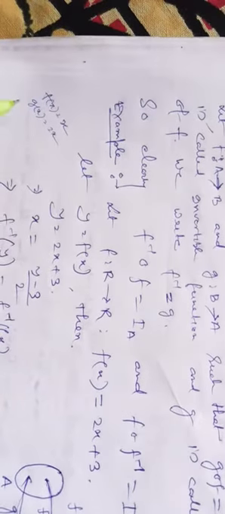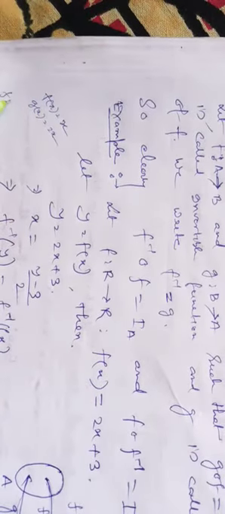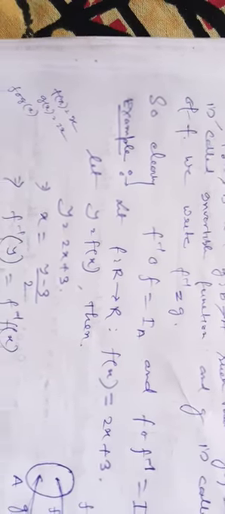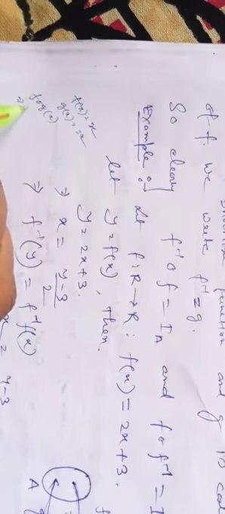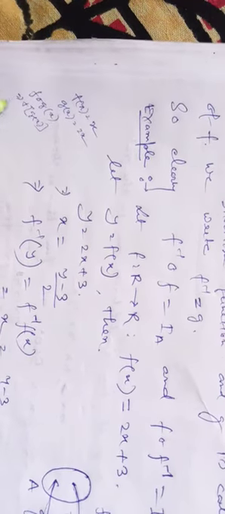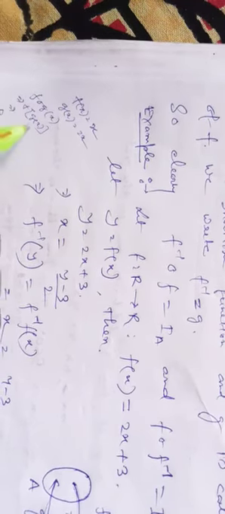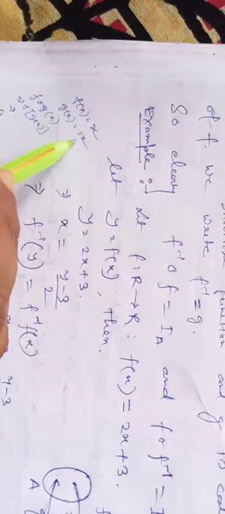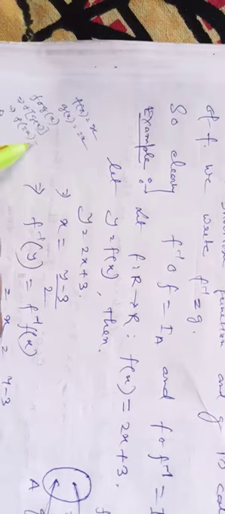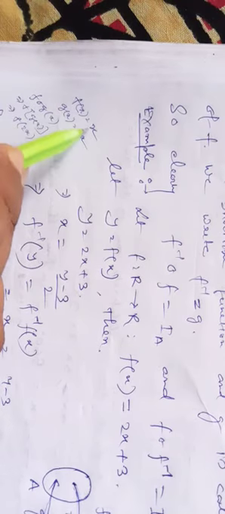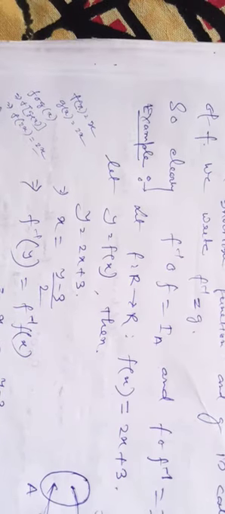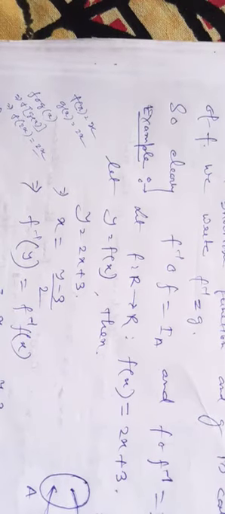Now if we have to find f compose g of x, that means f of g(x). Here g(x) is 2x, so f of 2x is equal to 2x. So this is the composition, student.